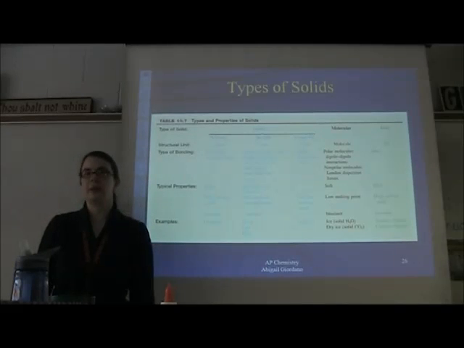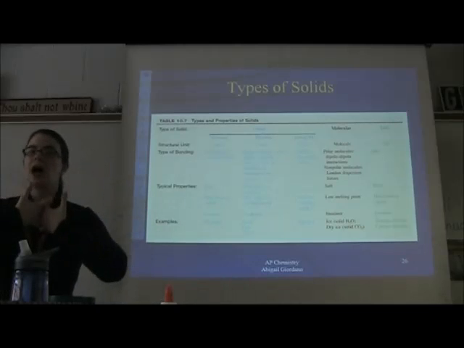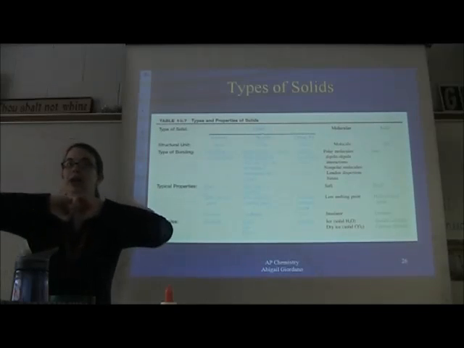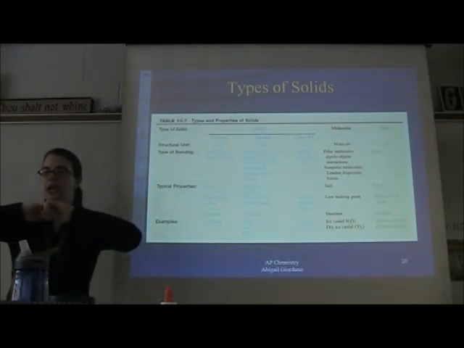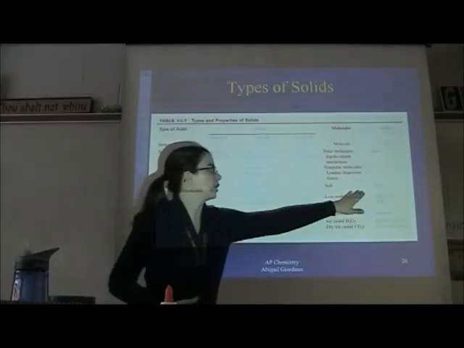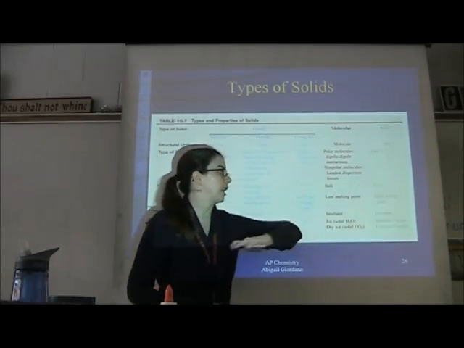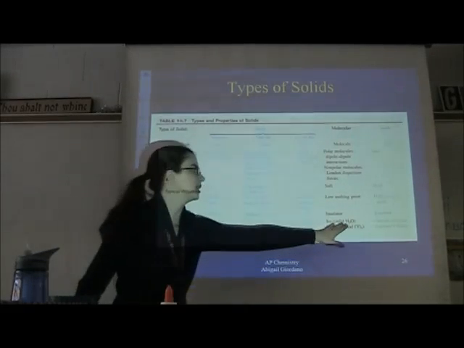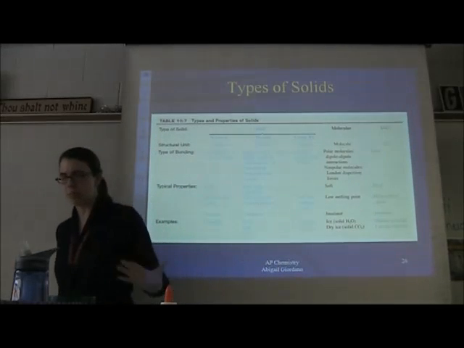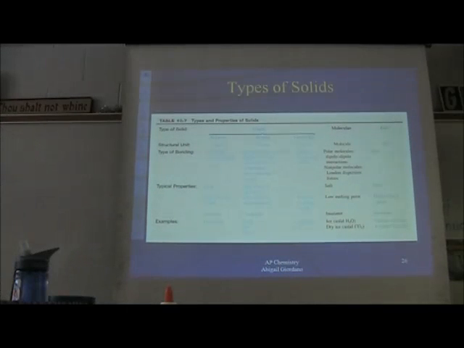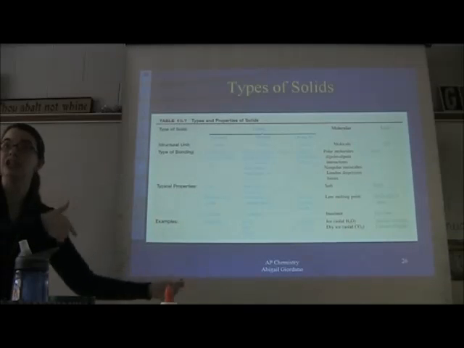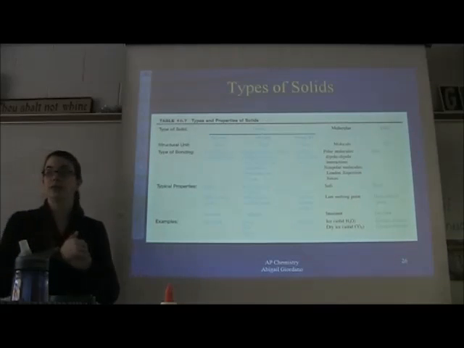Incredibly high melting temperature. Why is it so high? Because ionic compounds are held so tightly together. Very hard, very brittle, very high melting points. Excellent insulators. What does it mean to be an insulator? Does not conduct heat or what else?